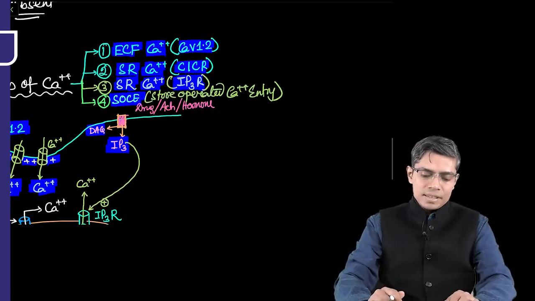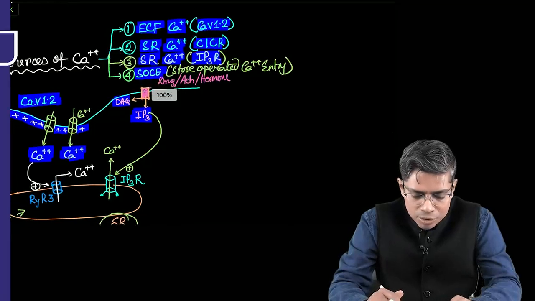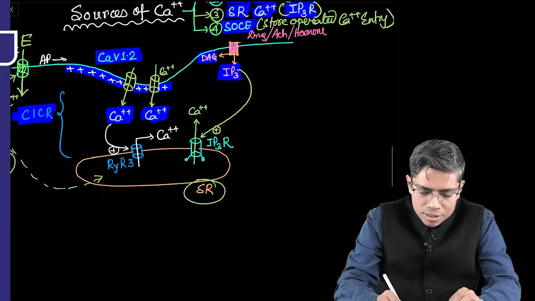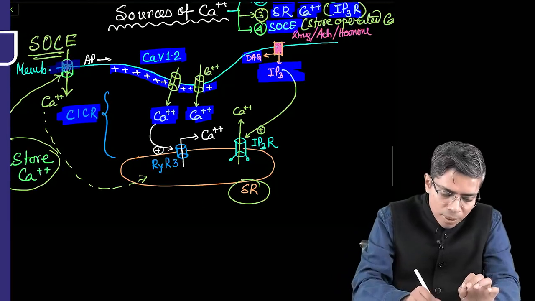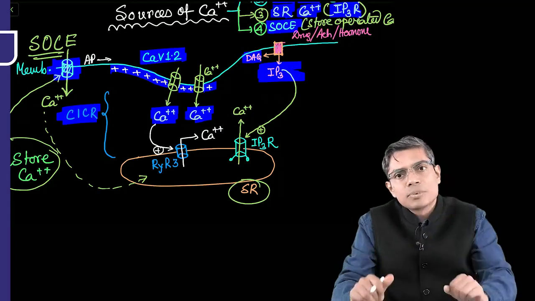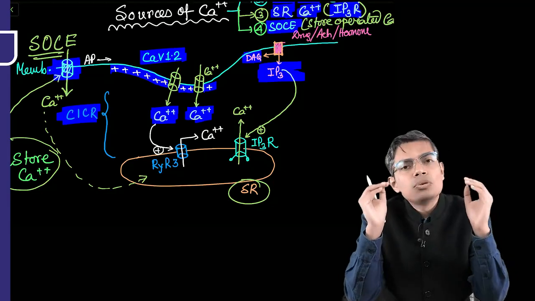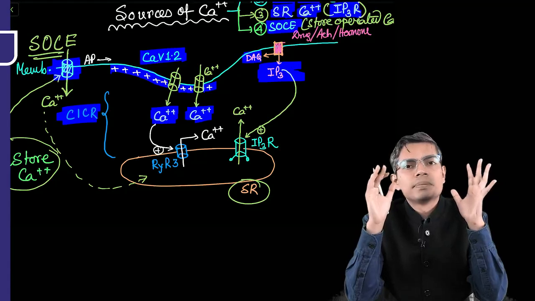Now, if I ask you about this third and fourth mechanism, that is, inositol triphosphate releasing calcium and the store operated channel allowing calcium to enter the cell, look at this diagram. Do you require action potential or depolarization for this calcium release?